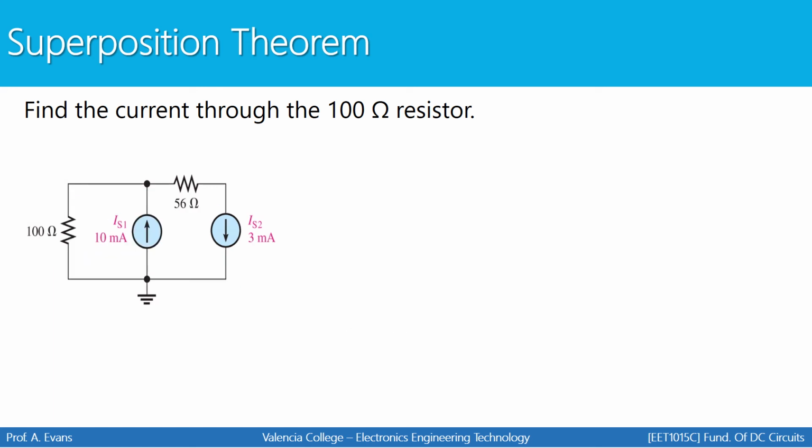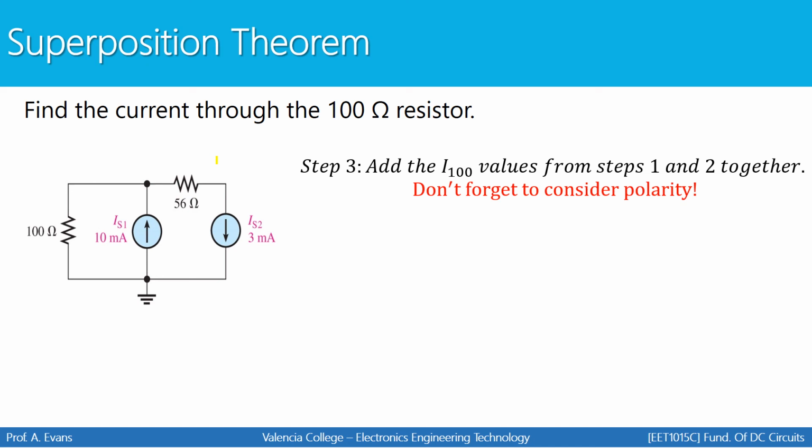And our final step is we're going to combine these together. Add the values from steps 1 and 2. Don't forget to consider polarity, because this time we had 10 milliamps down from our step 1 and 3 milliamps up from our step 2. We have different polarities. So when you have different polarities, what you're going to do is subtract them.